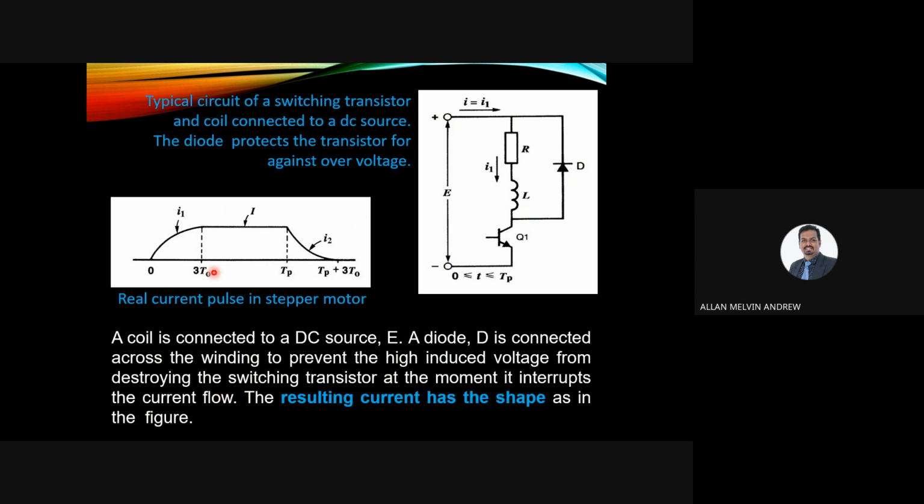So even though we want it to increase here and decrease here, it actually will take some time before it reaches here, and it will need some time for it to reduce. Okay, so this is what usually will happen in real time, which we need to understand.